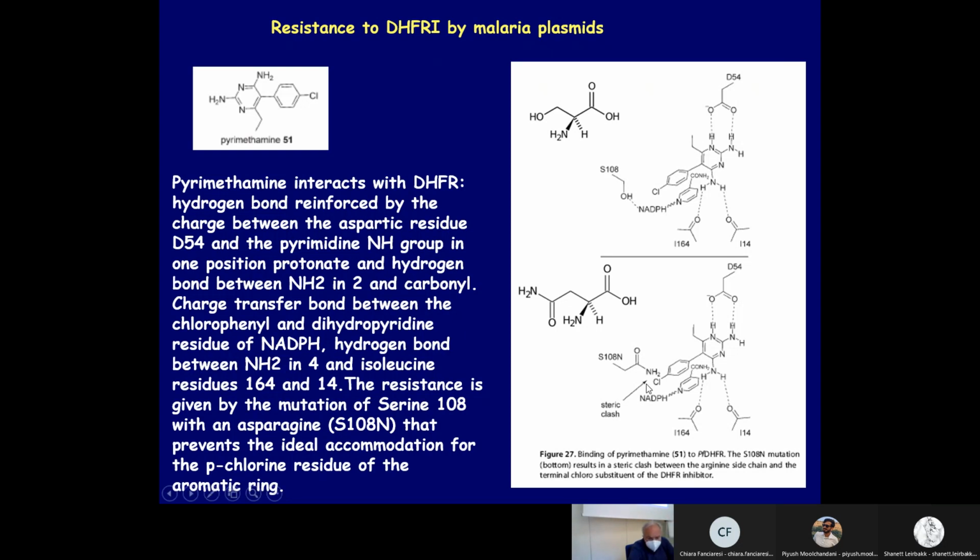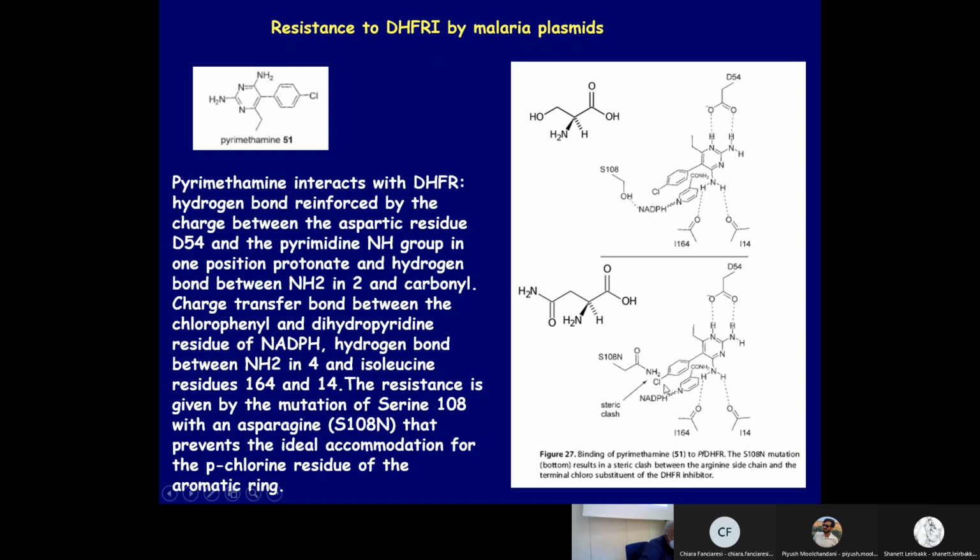This means that in the active site, the space is more restricted. And in particular, it is difficult to accommodate this parachlorobenzene ring because there is a steric clash between the two electronic clouds.